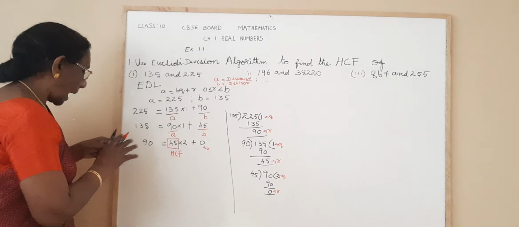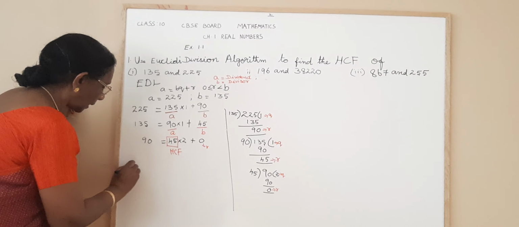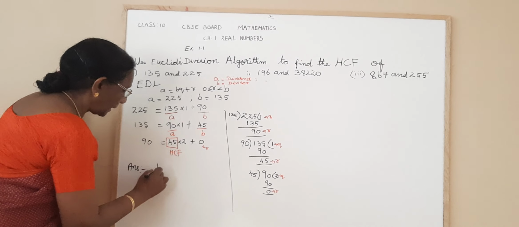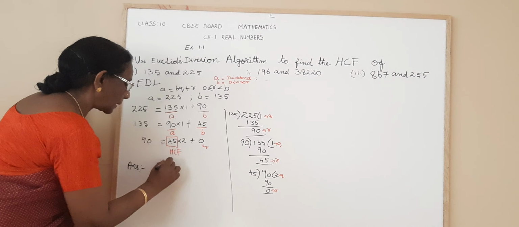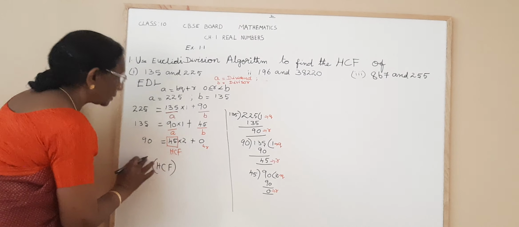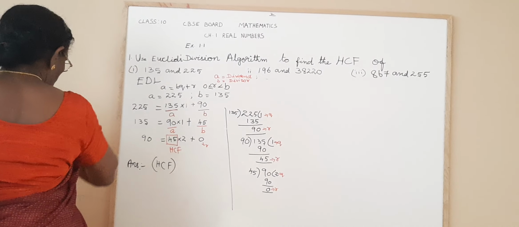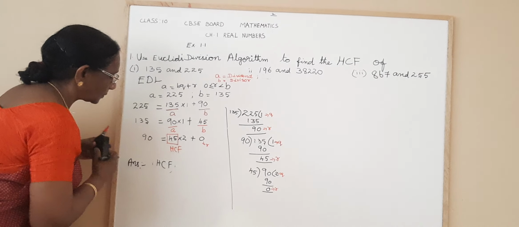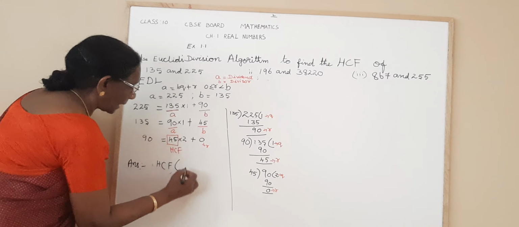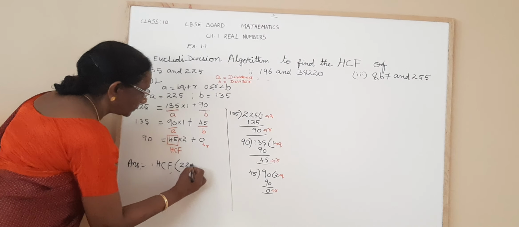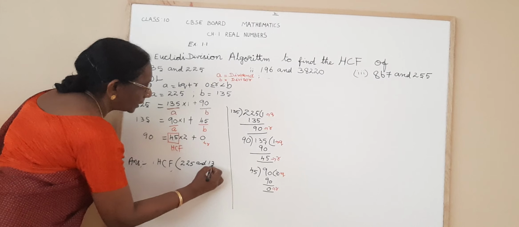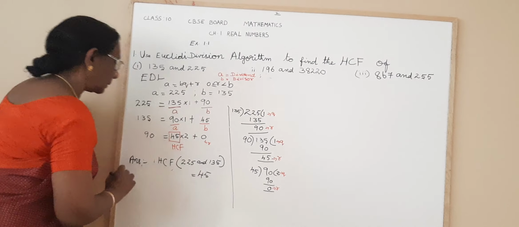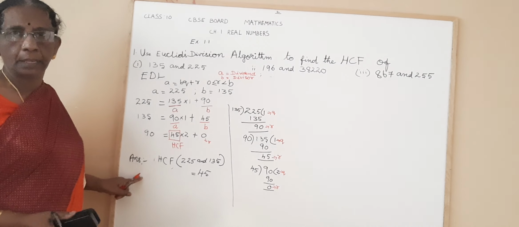Now you have to write the answer, very important. Answer is equal to highest common factor. No need to write in words. You just write HCF, put a bracket, then write the numbers 225 and 135, equal to 45. If you write this, that's enough, but this step is very important.